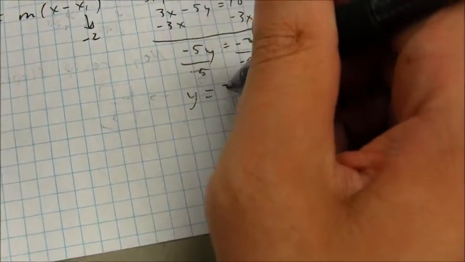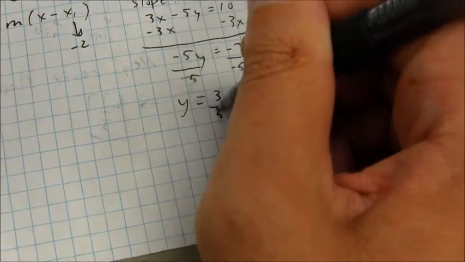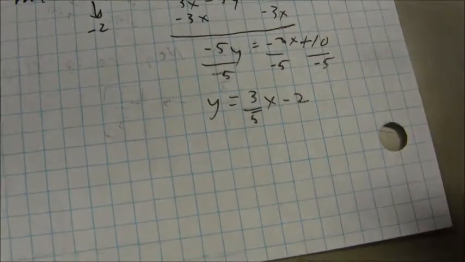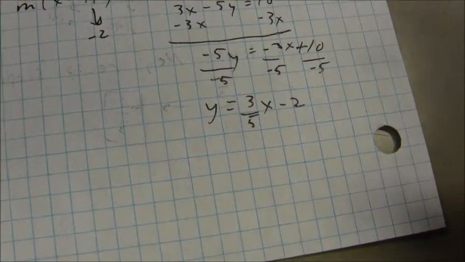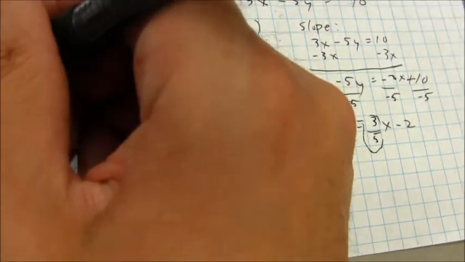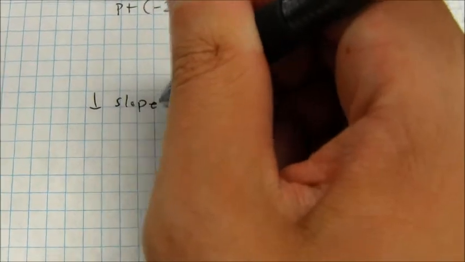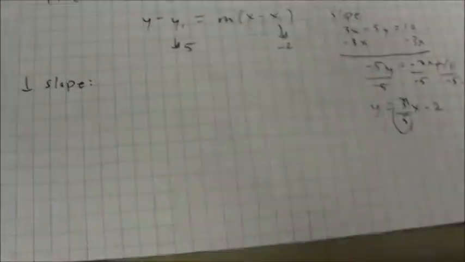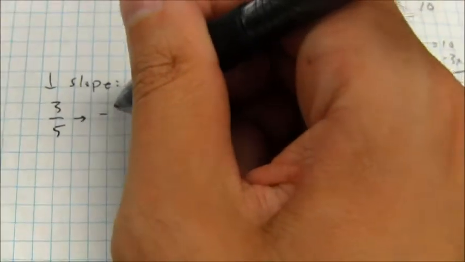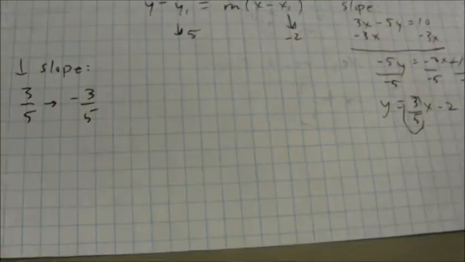And your final equation is going to be y equals, the negatives will cancel, we'll have positive 3/5 x minus 2. I don't really care about the y-intercept here. I care that the slope is equal to positive 3/5. Okay, so the perpendicular slope is going to be the negative reciprocal. If the original slope is 3/5, the perpendicular slope is going to be negative 3/5.